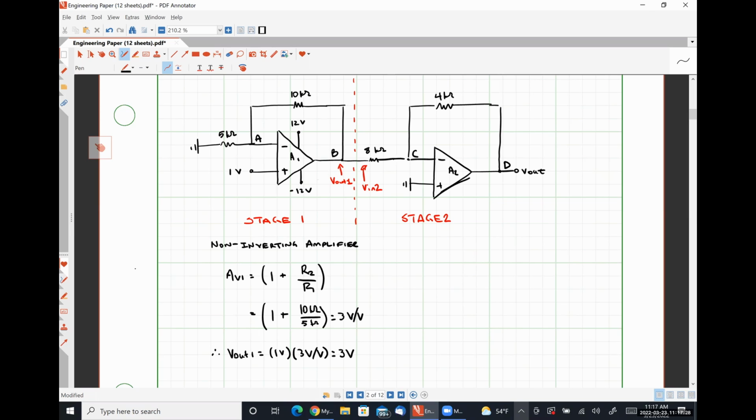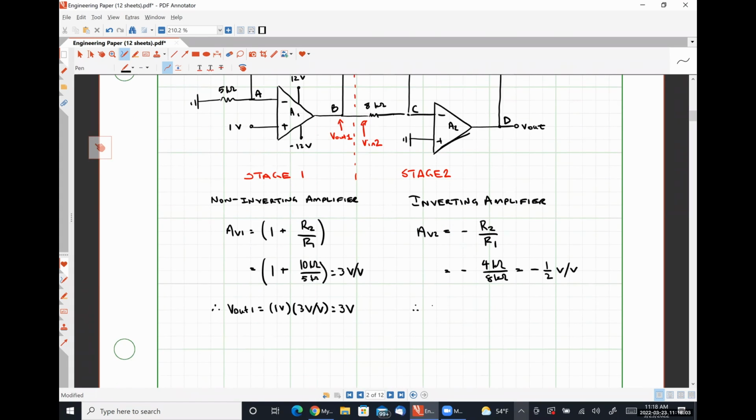So stage 2 is an inverting amplifier, where the voltage gain of our second stage, AV2, is negative R2 over R1, which in this case is negative 4 kiloohms over 8 kiloohms, or negative 1/2 volts per volt.